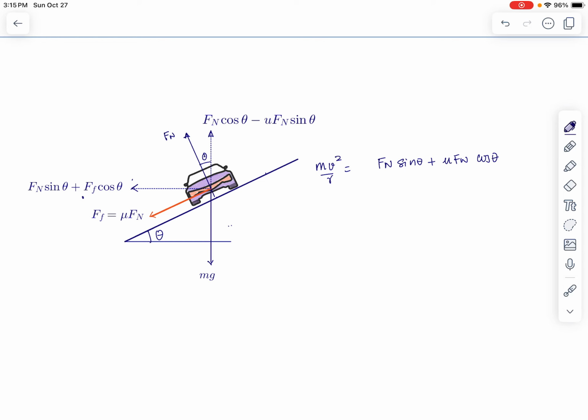Okay, so in this particular situation, we see that the normal force hasn't changed at all. So we don't need to worry about that.